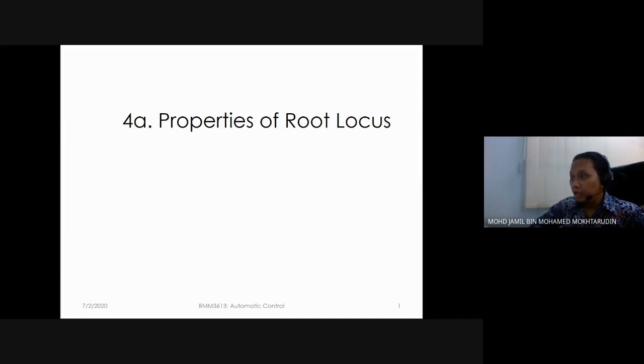But in this root locus topic, we are going to learn about finding the specific k value and the specific poles for stability of the system. Okay, we will go into the definition and more about what root locus is and how to use root locus.